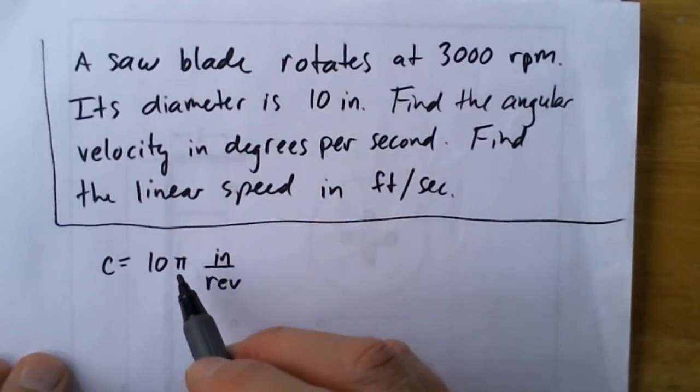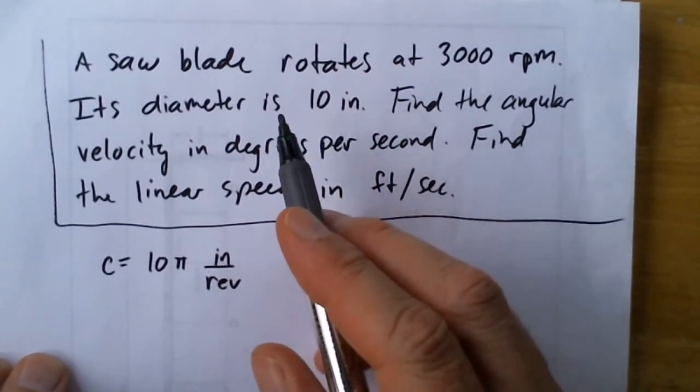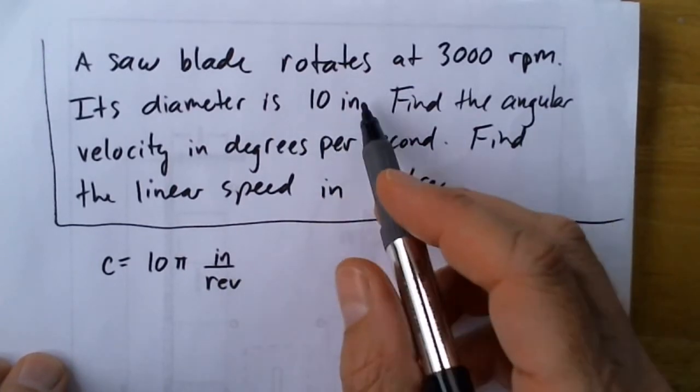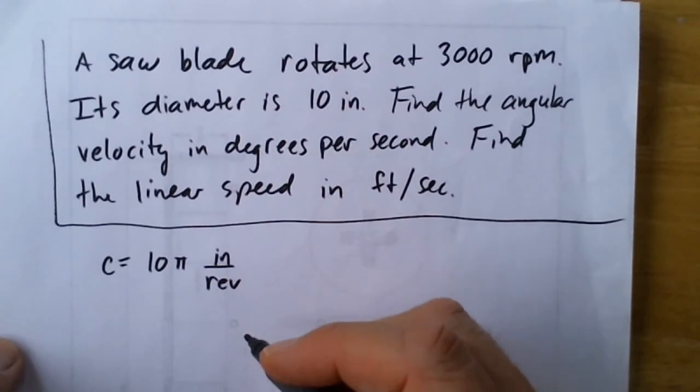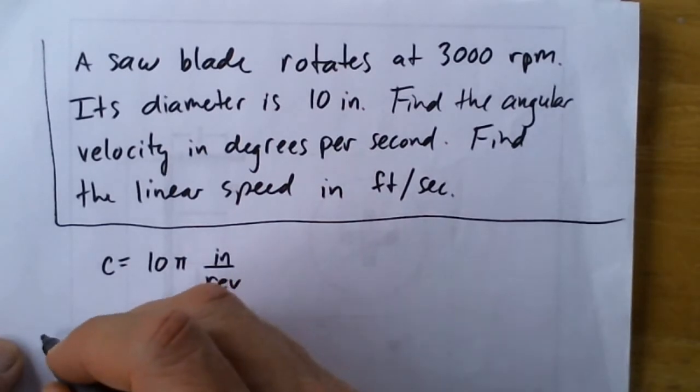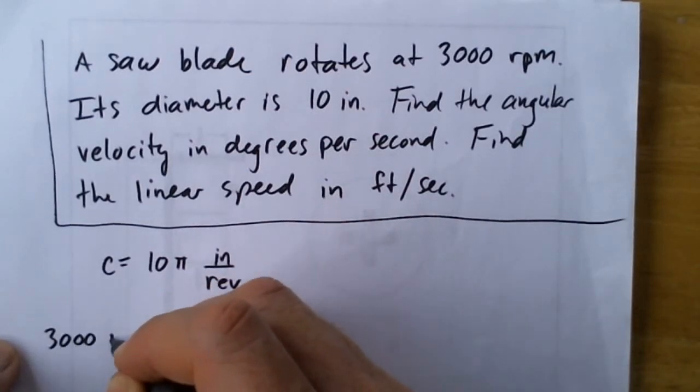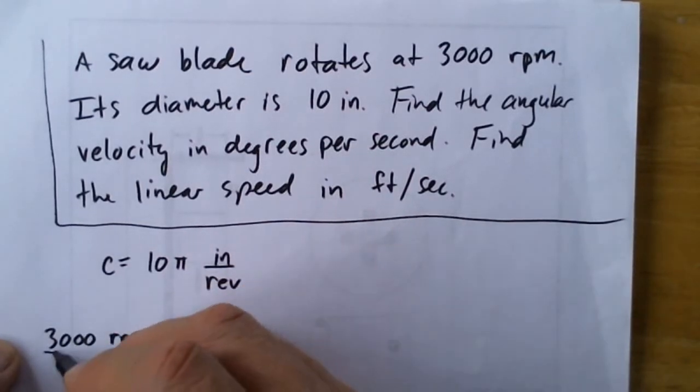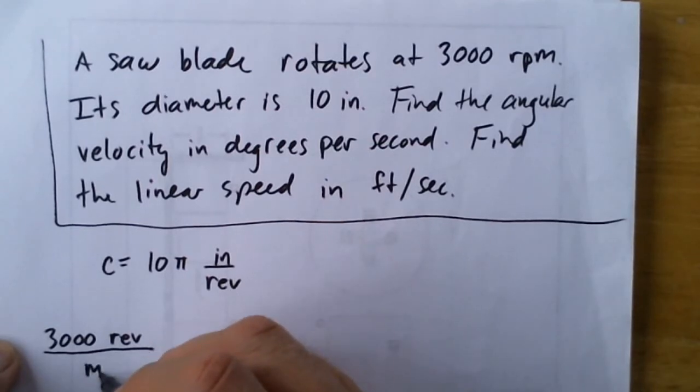So when we need this, we know it's going to be pi d, diameter is 10, and it's in inches per revolution. Let's go with rotational conversion. So we're going to have 3,000 revolutions per minute.